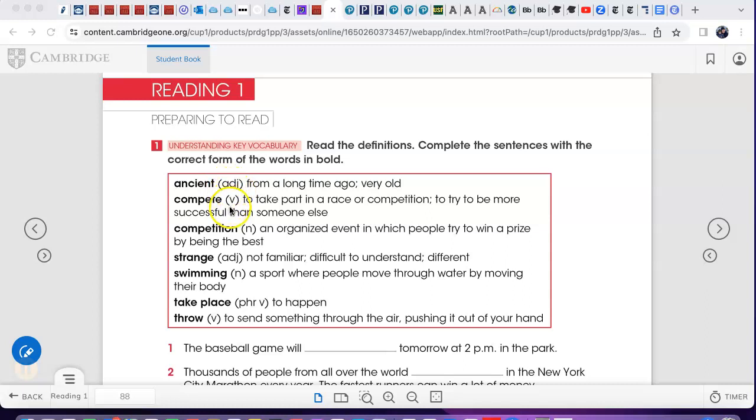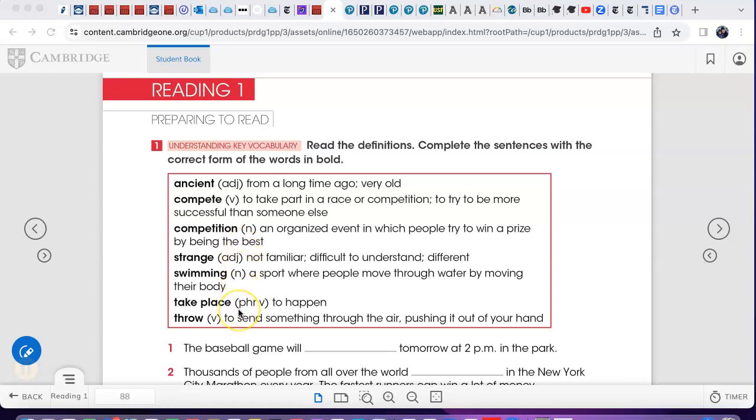And when we talk about part of speech, we're talking about the type of word it is, whether it's an adjective. ADJ stands for adjective. V stands for verb or an action. N is for noun, a person, place, or thing.